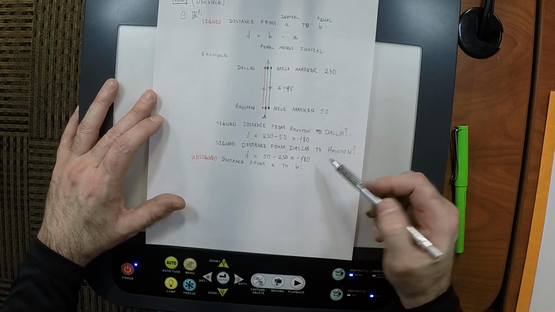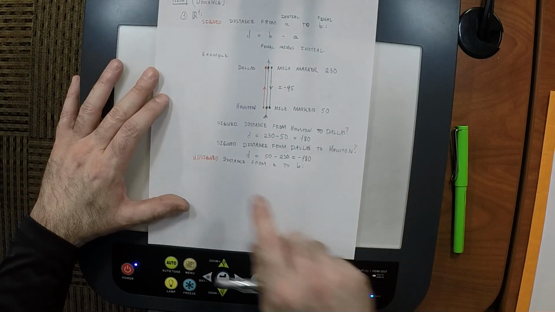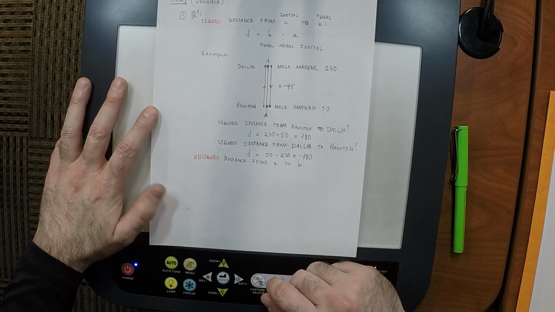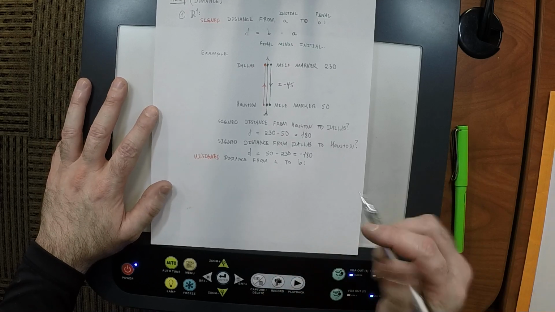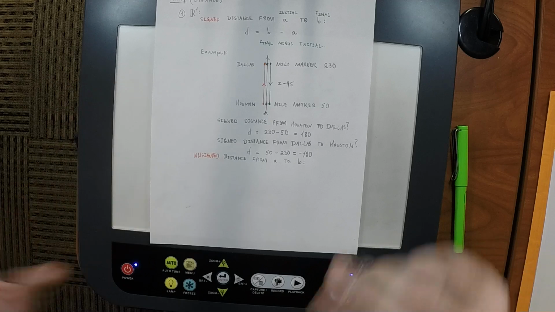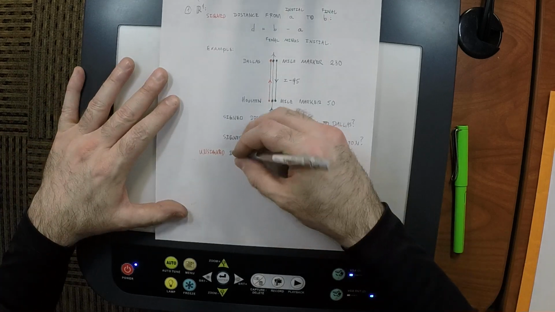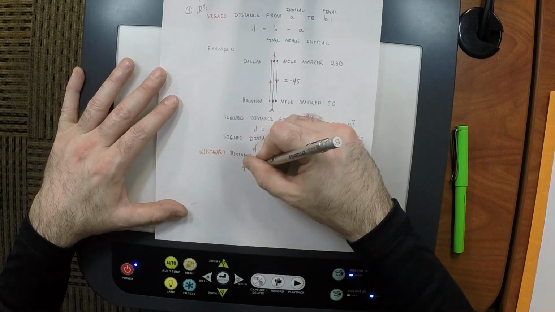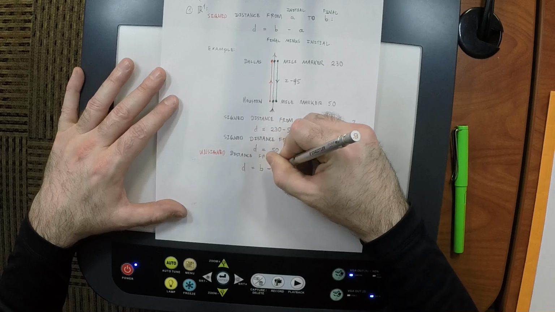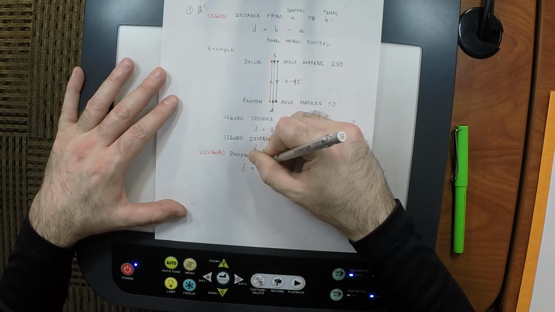If you do it in the other order, you get negative 180. The unsigned distance is, we'd want to say that we always want to pick out 180. We always want it to be that one instead. So you could just say that D is B minus A. So that would be the signed distance.